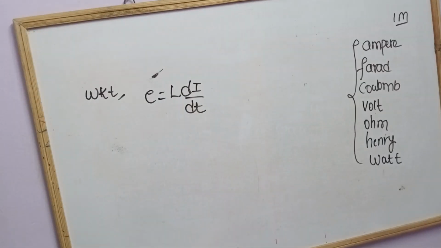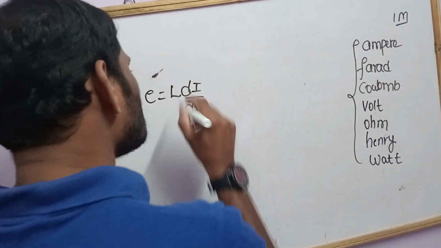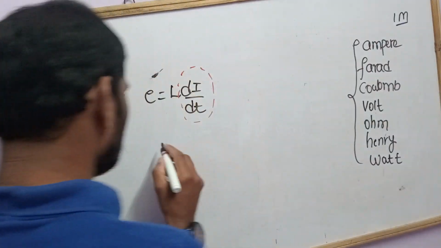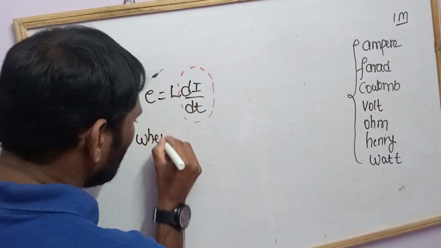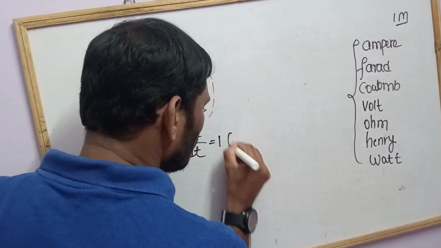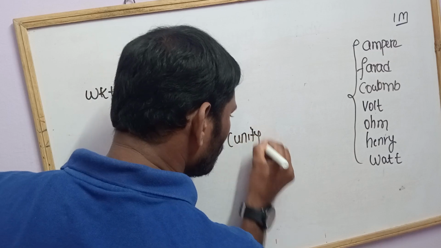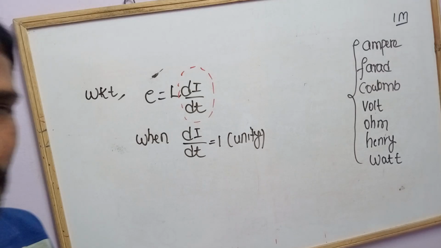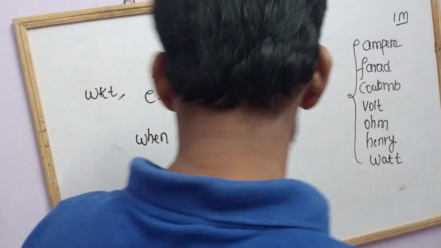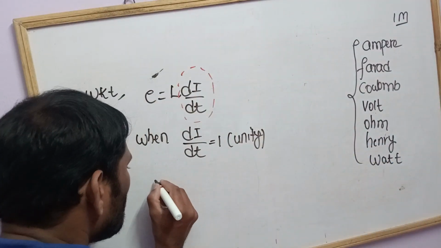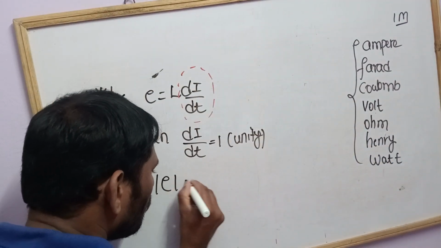When current changes at the rate of unity, when di divided by dt is equal to 1, 1 ampere current changes in 1 second, 2 ampere current changes in 2 seconds, 4 ampere current changes in 4 seconds, like that. Then the induced EMF is numerically equal to the self-inductance.